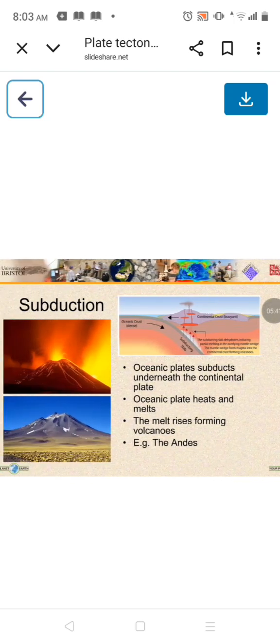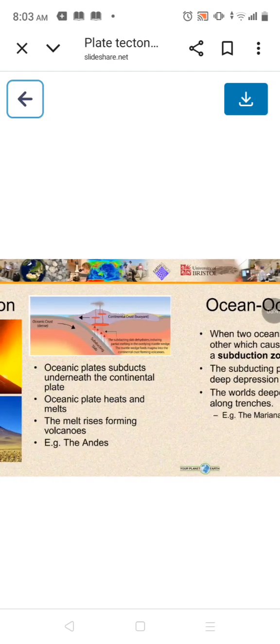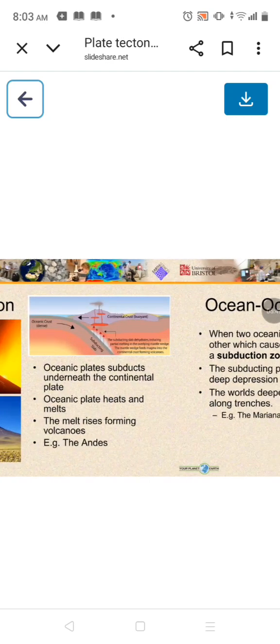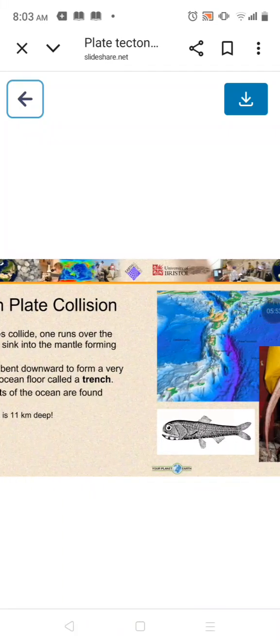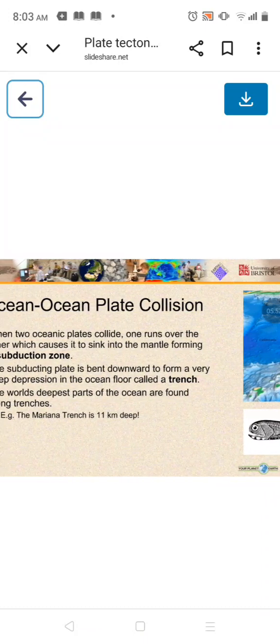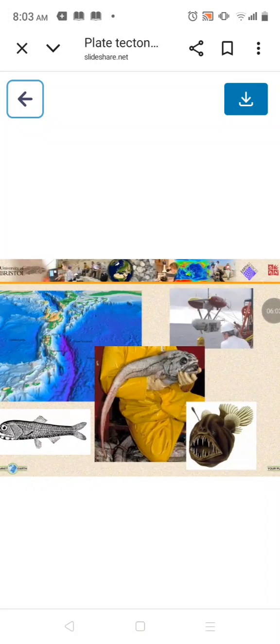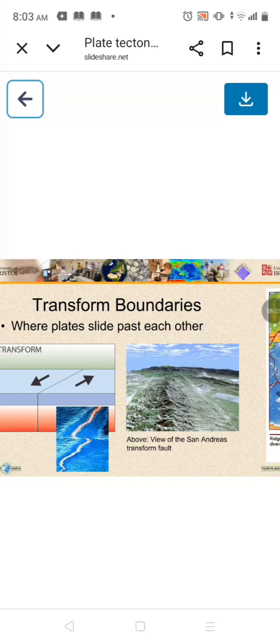Then subduction: the oceanic plate subducts underneath the continental plate, then the oceanic plate heats and melts, and the melt rises to form volcanoes, like the Andes. Then ocean plate collision, you should read it by yourself. And then transform boundaries, where plates slide past each other.